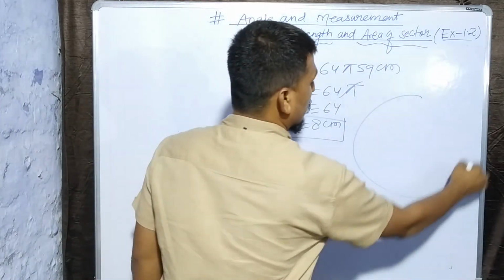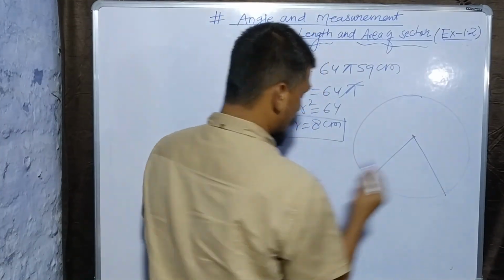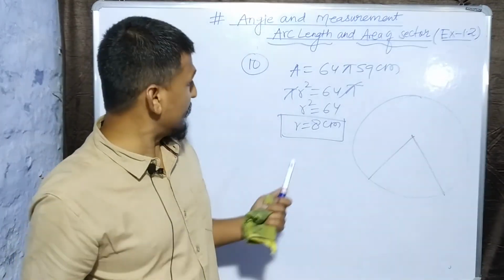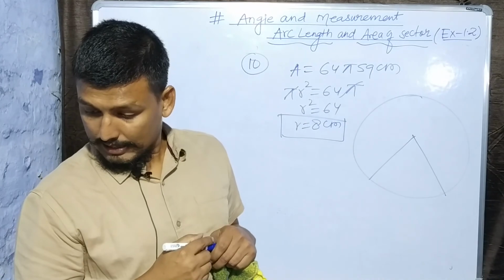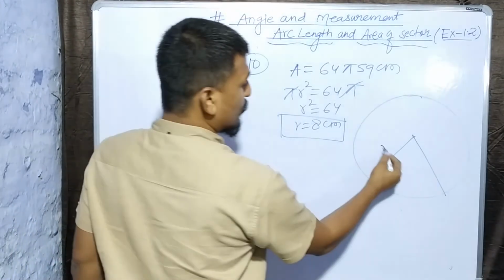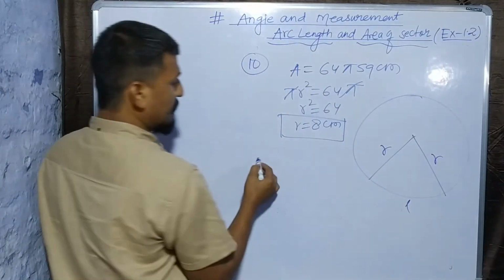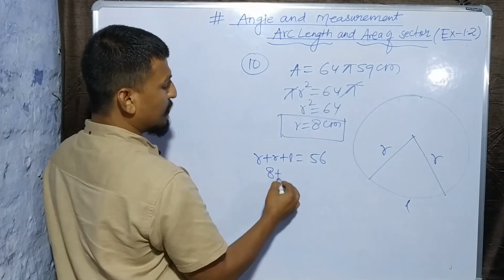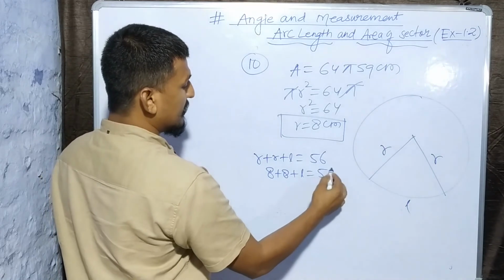Now draw a sector. This one is a sector. Now its perimeter is given as 56 centimeter. So what is the perimeter here? Perimeter is R plus L, which is 56. 8 plus 8 plus L is 56.